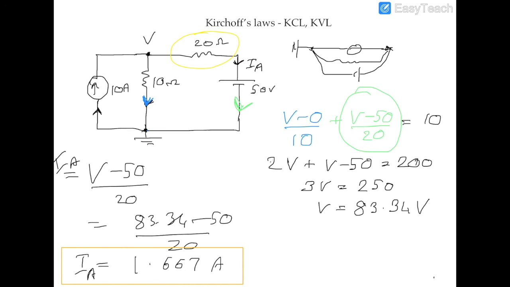So your current rating has got to be at least 2 amperes. That is why it's so important to learn these. All right, let's move on.